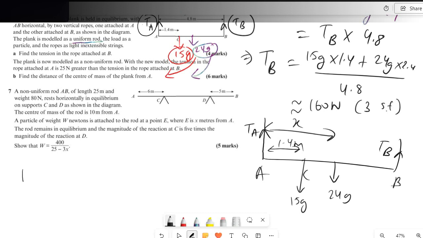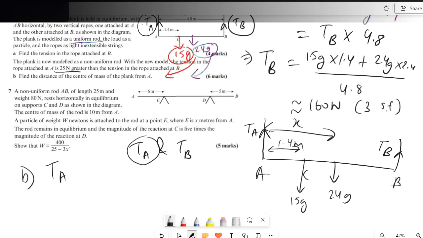Now, they said that tension at A is 25 newtons greater than the tension in the rope attached to B. Therefore, if we wanted to express this in a mathematical equation, we have to think about which quantity is greater compared to the other. If you compare tension at A and tension at B, the value of tension at A is going to be larger than the value of tension at B, because it said that the tension at A is 25 newtons greater.